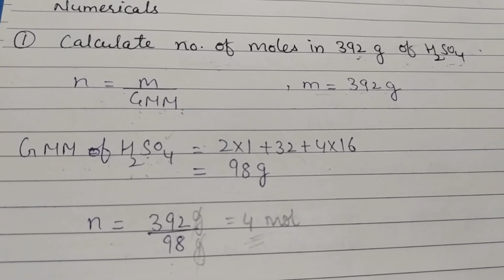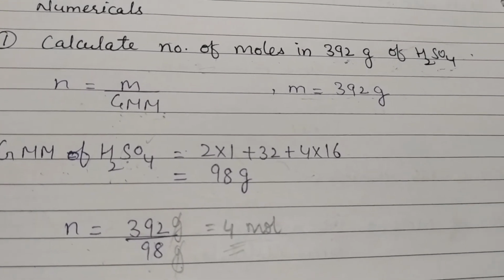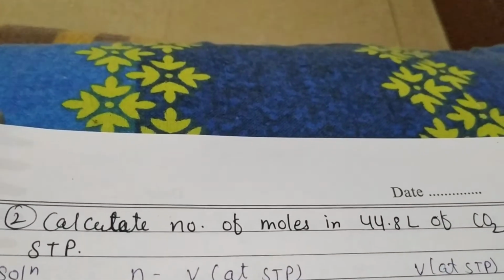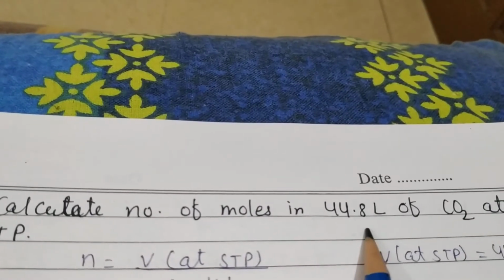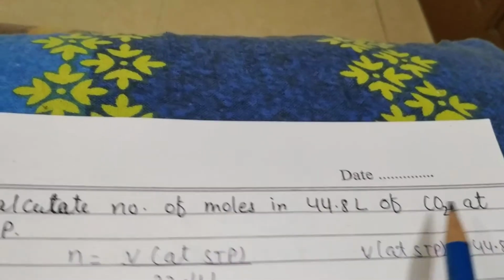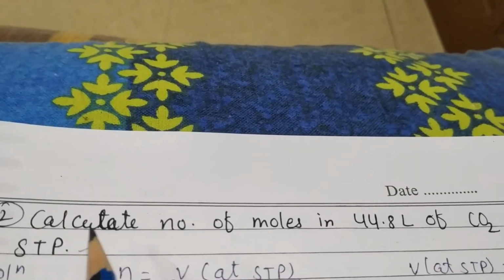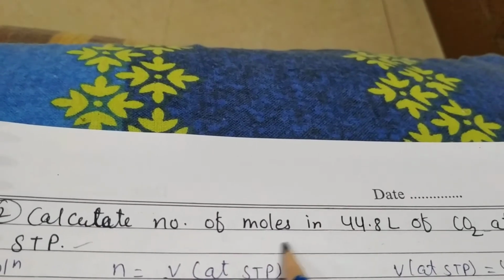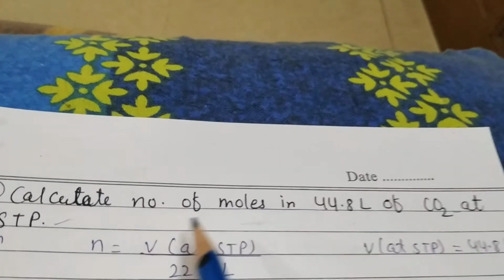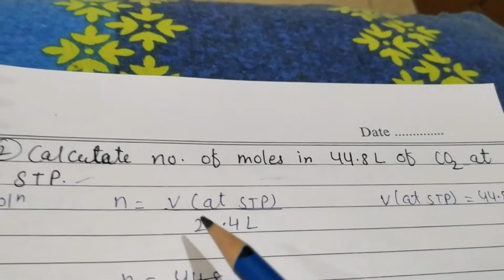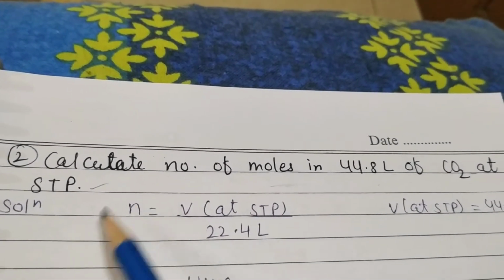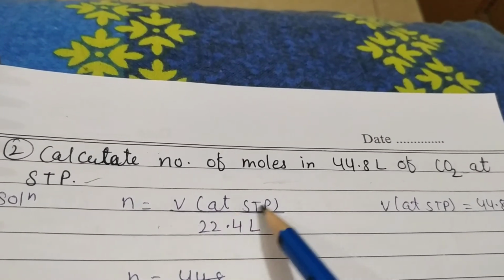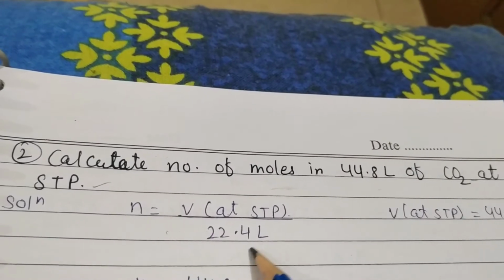So let's move to our next question. Calculate the number of moles in 44.8 liter of CO2 at STP. Here standard temperature and pressure is given, so it is a gaseous substance and we use the corresponding formula. The number of moles is equal to volume at STP divided by 22.4 liter.